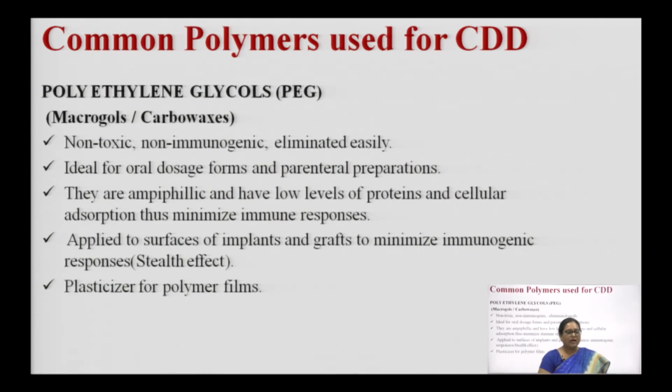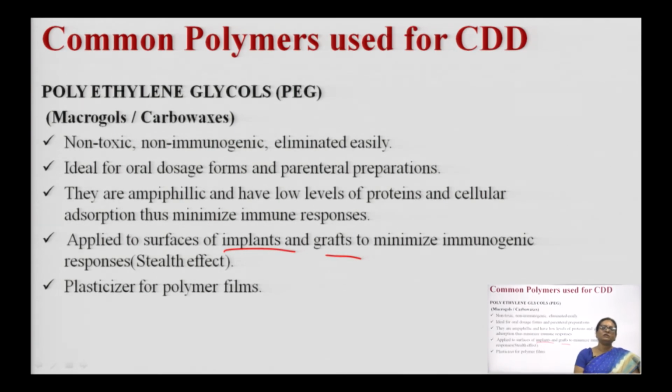inside the body. As a result, it finds a typical application where it is applied to the surfaces of implants and grafts, because implants and grafts have a tendency to stimulate the immune mechanism of the body. If these implants and grafts have been applied with a layer of polyethylene glycol, it minimizes the immune responses.